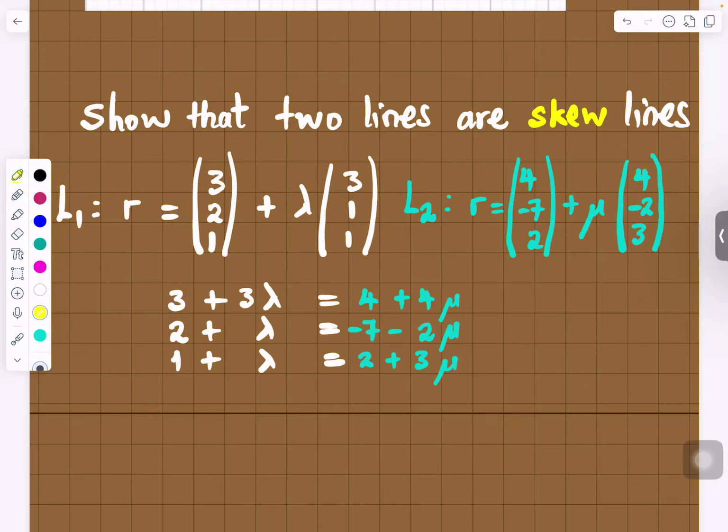So we've got three equations there: 1, 2, 3.